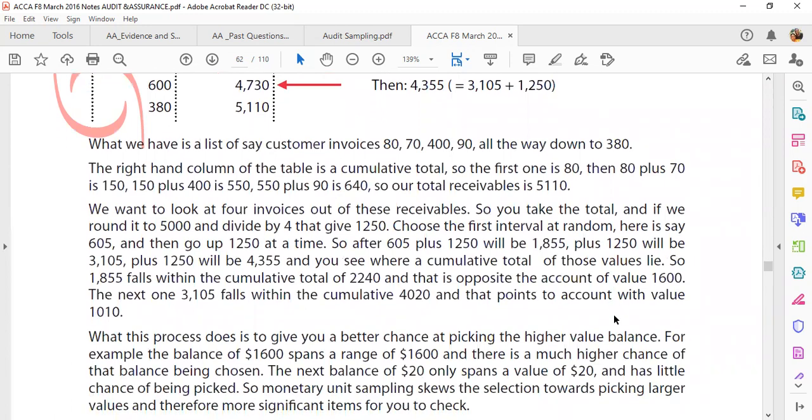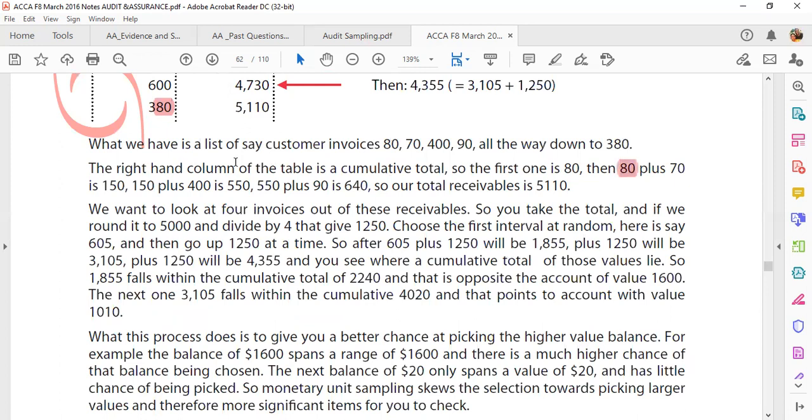Let's say we have a list of customer invoices: 80, 70, 400, and 90, all the way down to 380, which is the last number here. The right-hand column is the table for the cumulative, which you can see already. The first one is 80, then the cumulative is still 80.